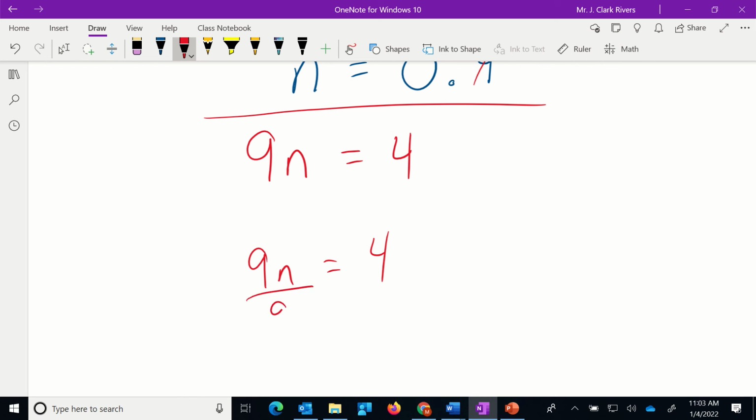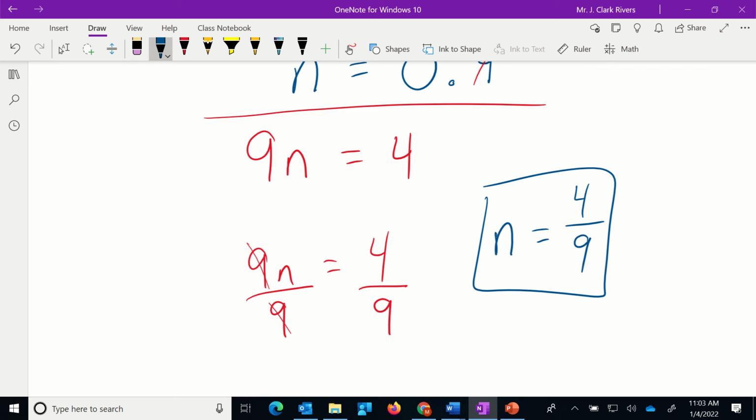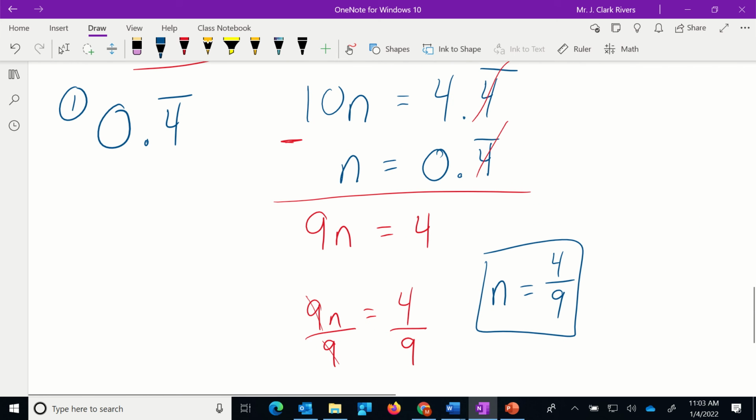Yeah, so we divide by 9 on both sides. What's 9 divided by 9? 1. So we're left with n is equal to 4/9. So this repeating decimal is equal to 4/9.